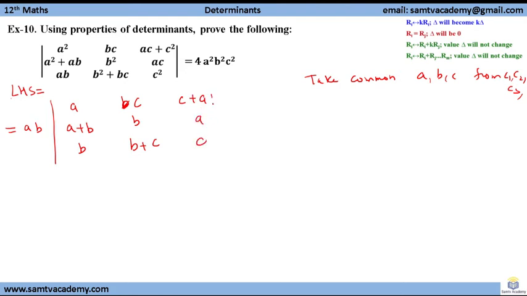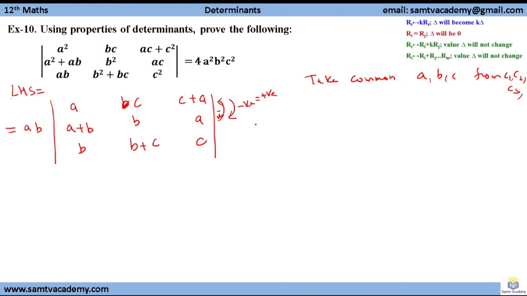Now as we have to apply row and column operations, we will interchange these two rows. One interchange gives a negative sign, another interchange gives another negative sign, so overall it will become positive.